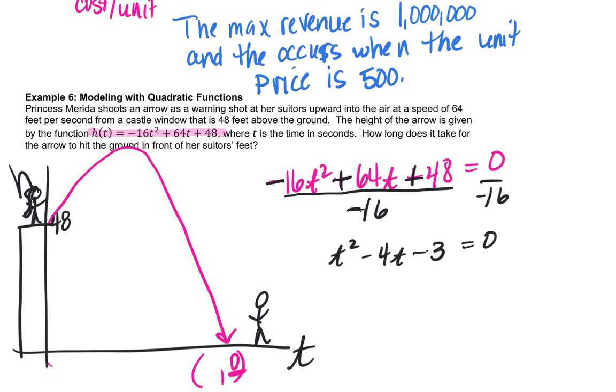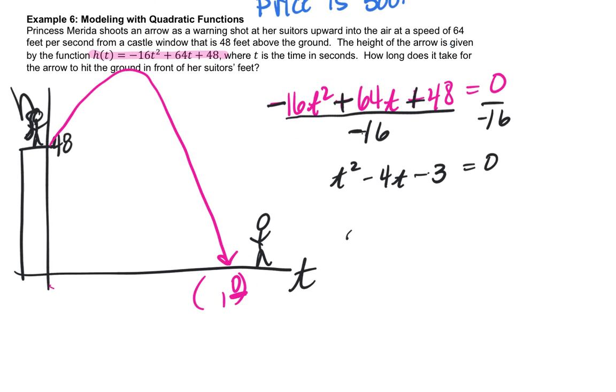So divide all your numbers by -16. All right, now, since I cannot factor this because I cannot make 3 become a -4 no matter how I try to add or subtract it, I'm going to do the square root method because that'll be the fastest way. So we got t squared minus 4t, and then we're going to move the 3 over.